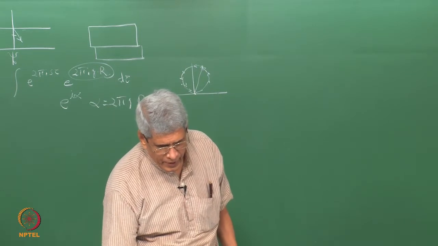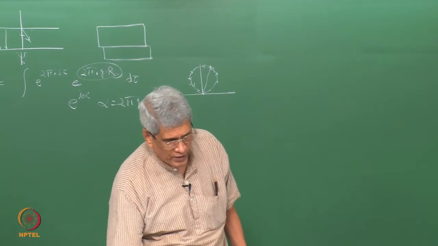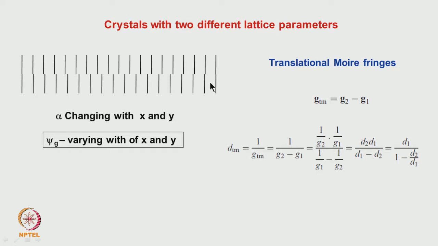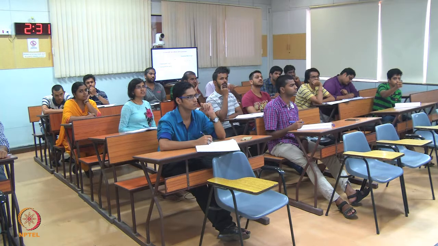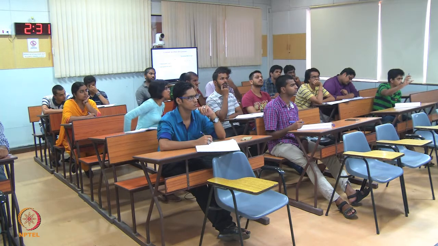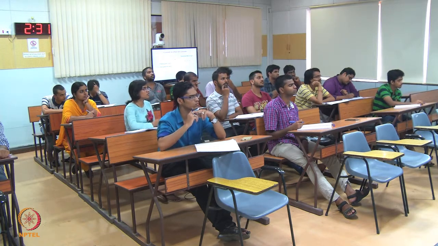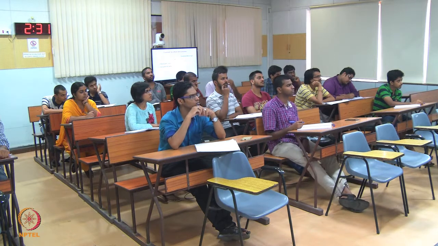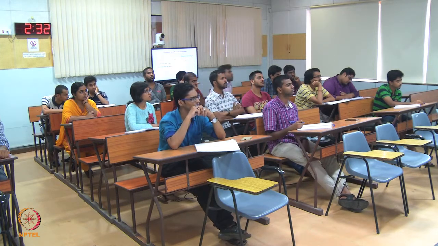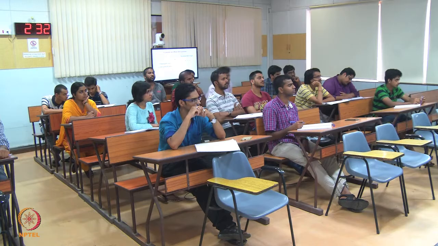And here what will be the effect of this one? Suppose this is a one dimensional lattice. What will be the effect of this on the diffraction pattern? Suppose a central spot is there, you get one spot corresponding to the top layer.